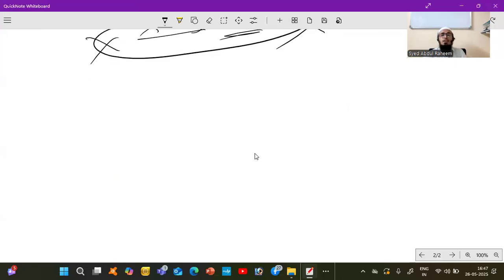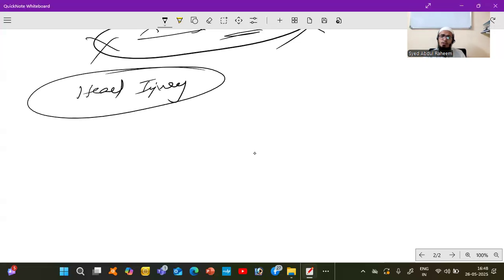So what is the investigation of choice for head trauma? If any person fell down, had an injury to the skull, was beaten by a rod or any hard substance, had an accident, whatever injury occurs to the head, what is the investigation of choice?